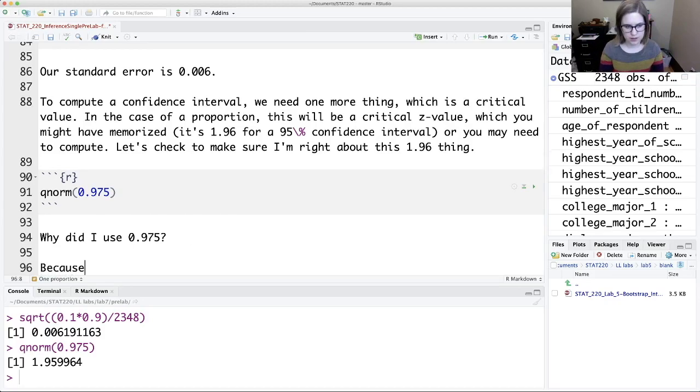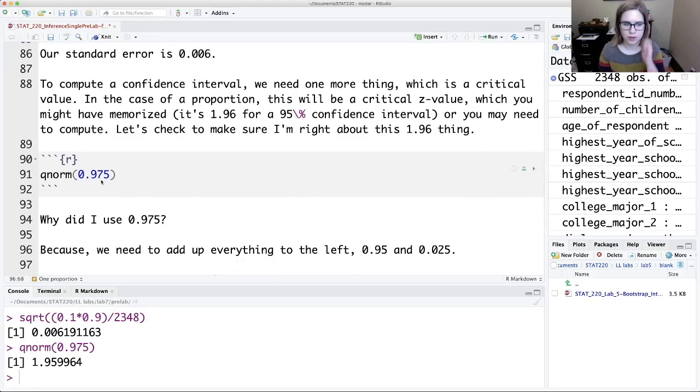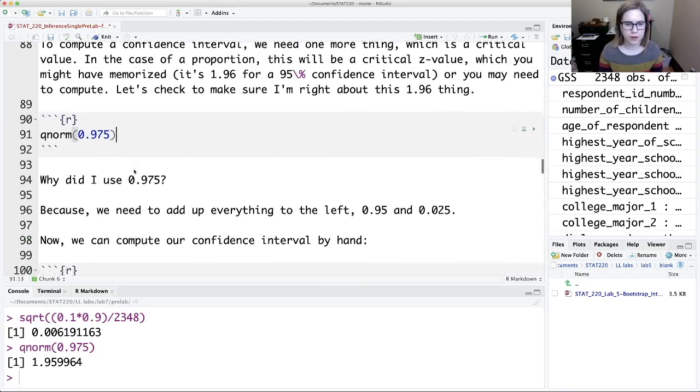So because we need to add up everything to the left, which is 0.95 and 0.025, and the same thing would happen if you were doing any kind of other interval. You have to think about the middle plus one of the tails. But that confirmed my critical value.